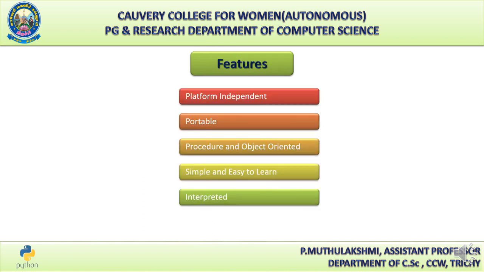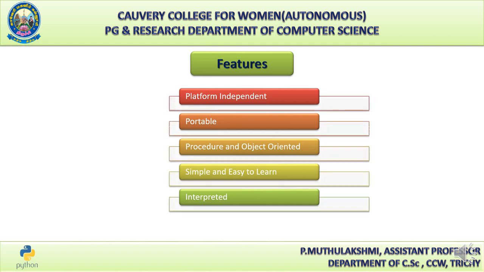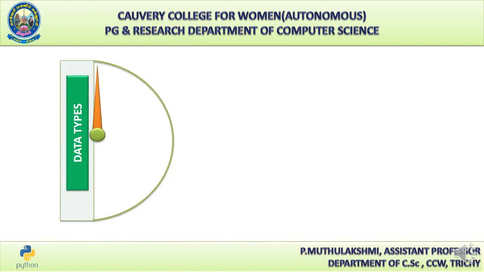Here are the features of Python. It is a platform independent language, portable, procedure and object oriented, simple and easy to learn language, and also it is an interpreter. Next, coming to the data type. First of all, you should know what is meant by data type.